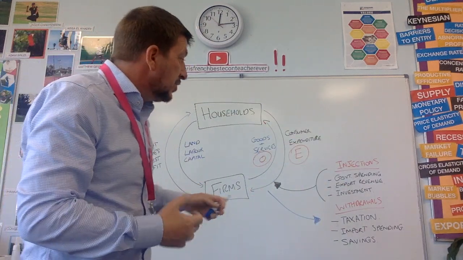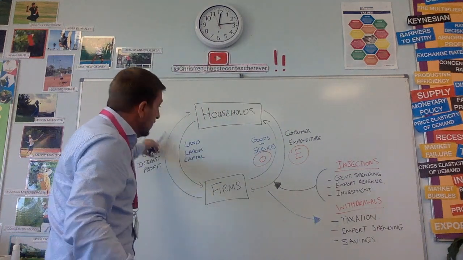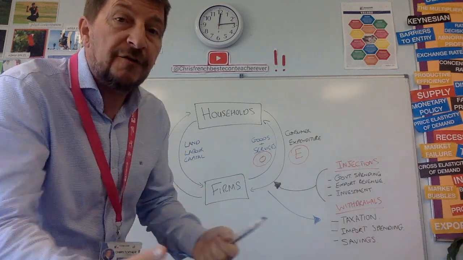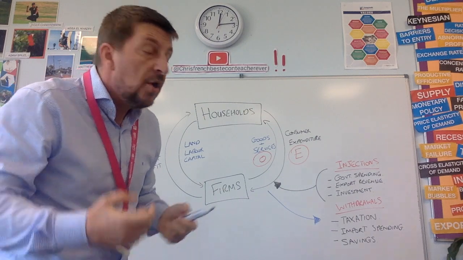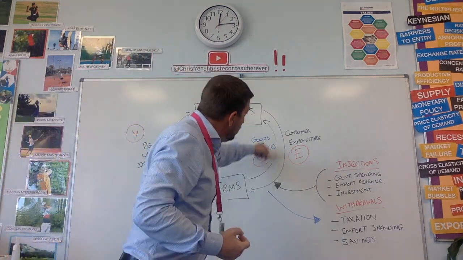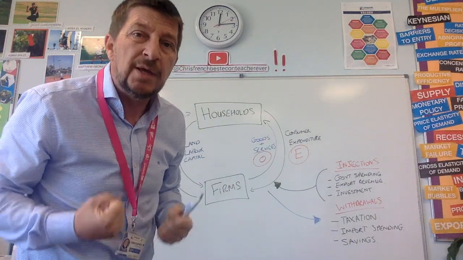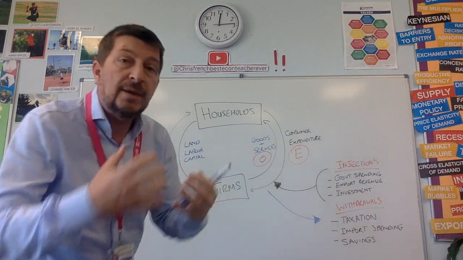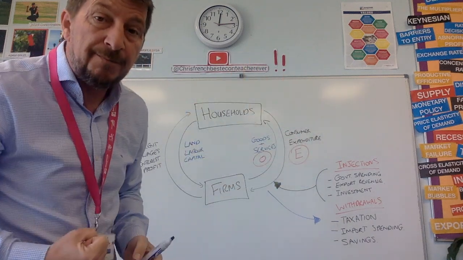How much taxation is being taken away when households get paid for their factor payments? How much tax is being taken by the government? Or when consumers buy goods and services, how much taxation is being taken away by the government? Or even when firms are making profits, how much corporation tax is being taken away from them?